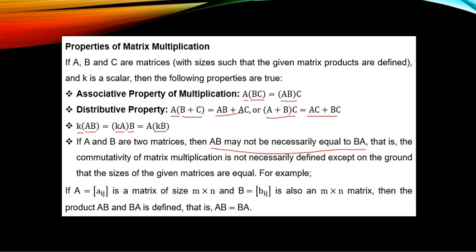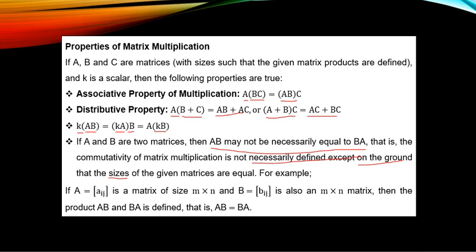Commutativity of matrix multiplication is not necessarily defined except on the ground that the sizes of the given matrices are equal. In other words, when you have matrices with 2 by 2 dimensions or 3 by 3, that is equal matrices. Or if you multiply square matrices, then you can have the commutative property. That is the only way.